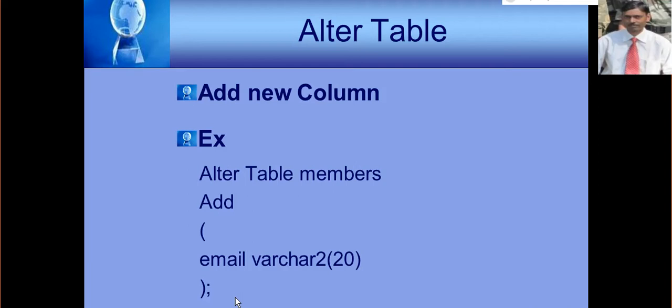What is the name of the table? It is members. So you have to write alter table members, then add, and in parenthesis you have to specify email varchar2 20. 20 is the size of that field.